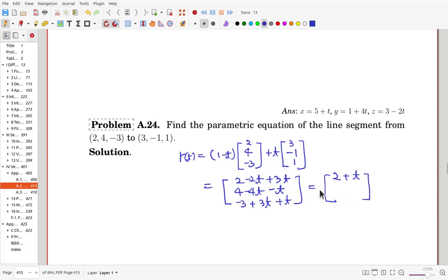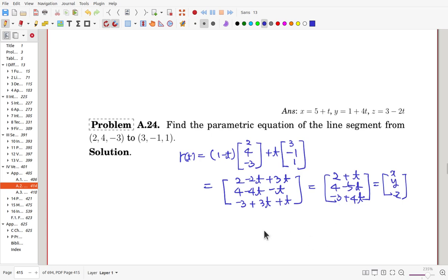The second one, that is 4 minus 5t. The last one, minus 3 plus 4t. So it's a parametric equation. Now, that's r of t is xyz, so you write down here x equal this one, y equal this middle component, and z equal the last component.